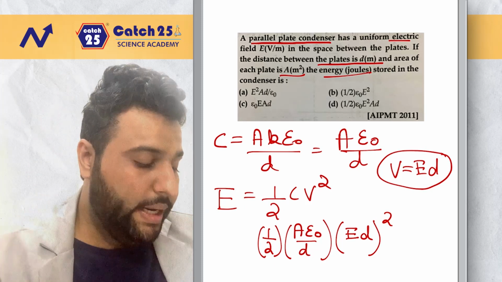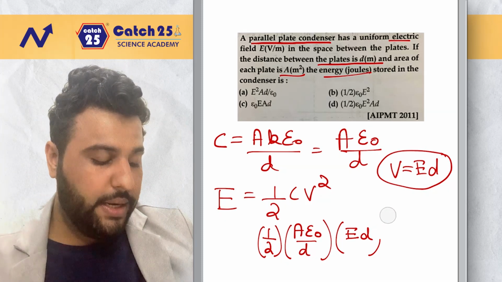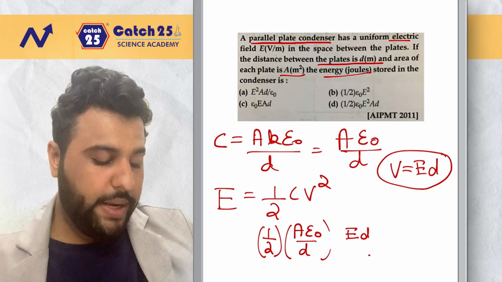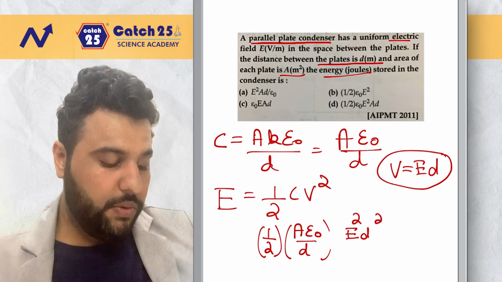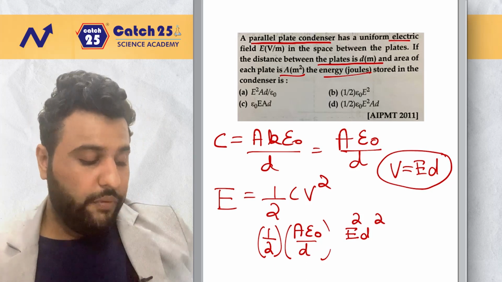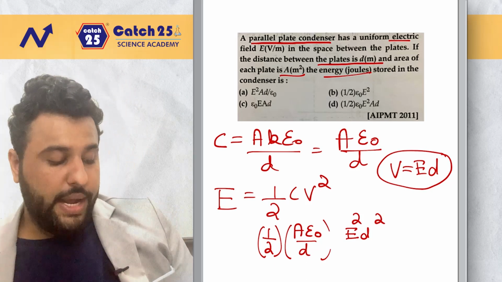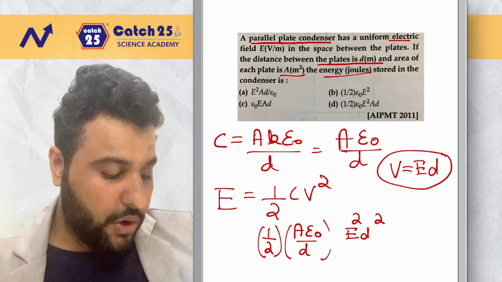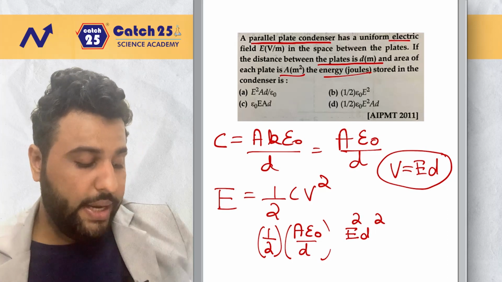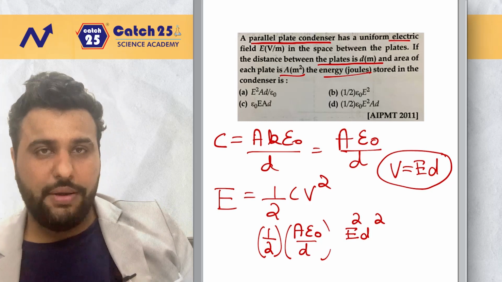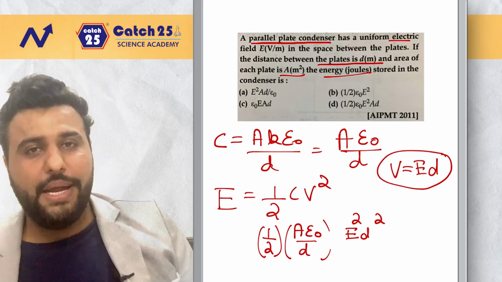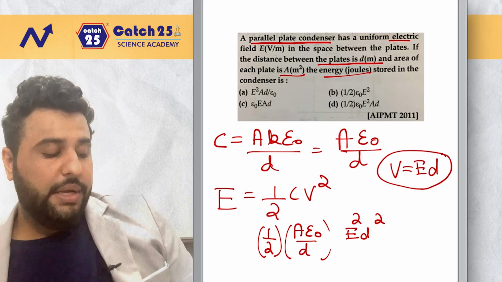Now, if I do E into D the whole square, it will become E square into D square. Therefore, if you look at the options, you will have A epsilon naught E square D square by 2 into D, that is half. So with that you can manage to get the answer.